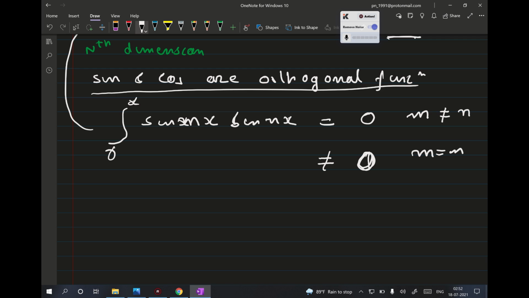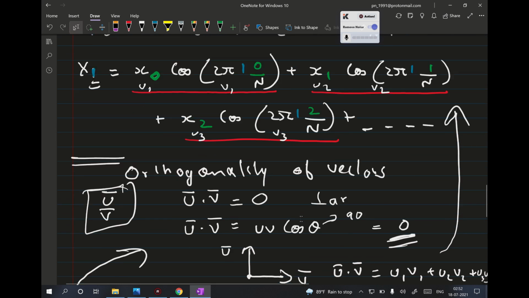If the sine and cosine functions are orthogonal, it would give 0 if the frequency content is different, and if the frequency content is the same, it will not be equal to 0.